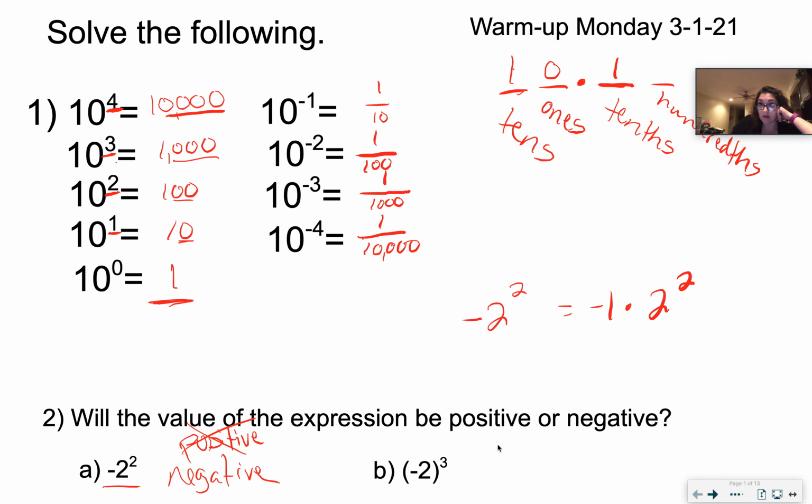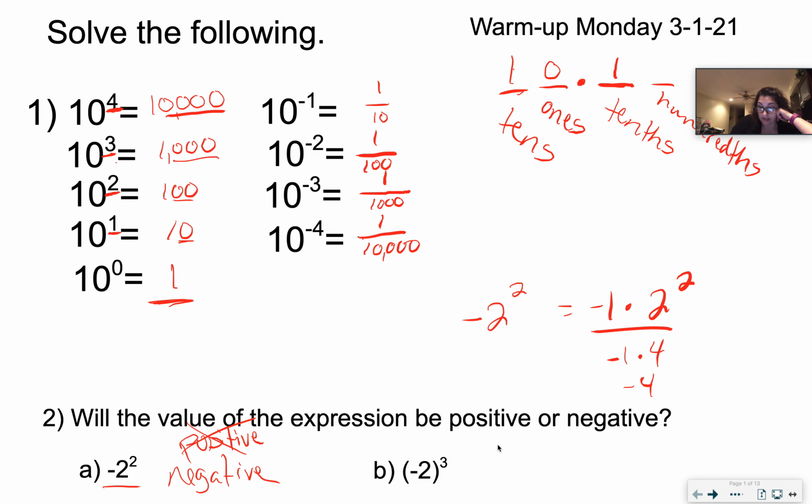That's what it actually looks like in your calculator if you were to type that in. That's how your calculator calculates that. So we have to put parentheses around it if we mean to square -2, because just -2 to the second power means I'm taking -1 times 2 to the second power. Well, 2 to the second power is 4. 4 times -1 is a -4.